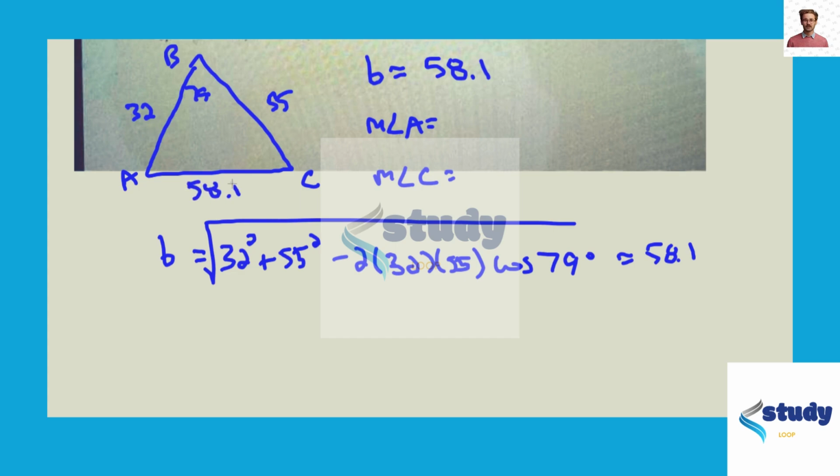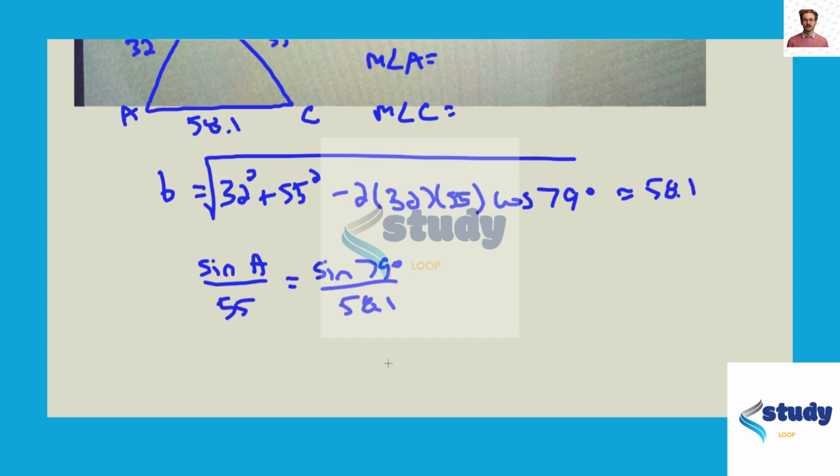Now we can use the law of sines to find the measure of angle A. We can say that the sine of angle A over its opposite side, 55, is equal to the sine of 79 degrees over its opposite side. Cross multiply the 55, and then the measure of angle A would be the inverse sine of 55 sine 79 over 58.1.